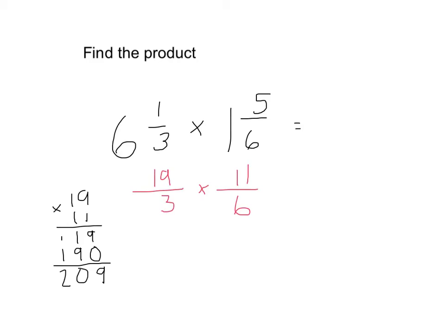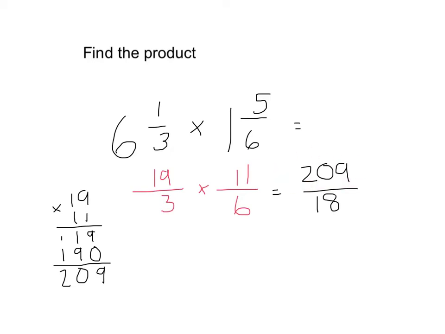My answer is going to equal 209. And then my bottom number is just 3 times 6, which is 18. Okay, I can't leave this as an improper fraction. So you should know what to do. It's a division problem. I'm going to try to guess how many times does 18 go into 209.